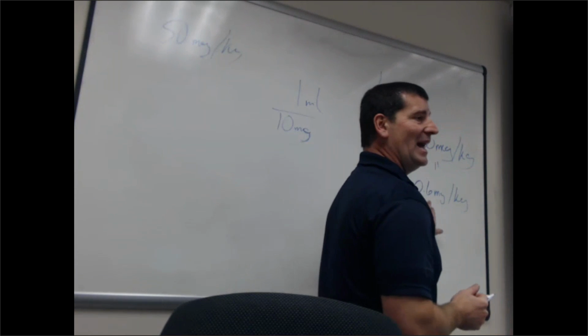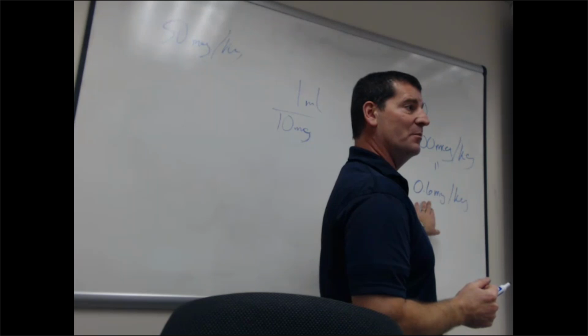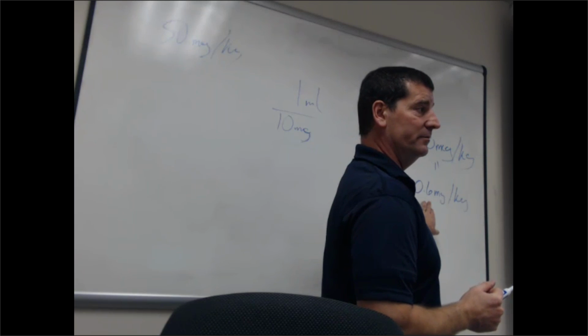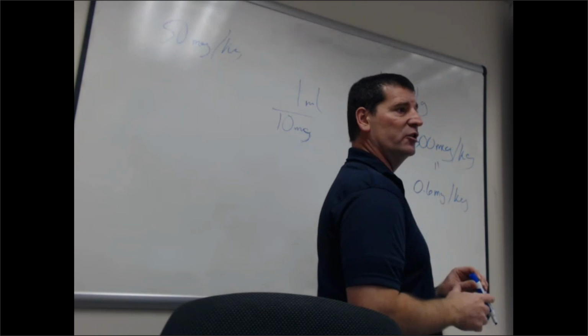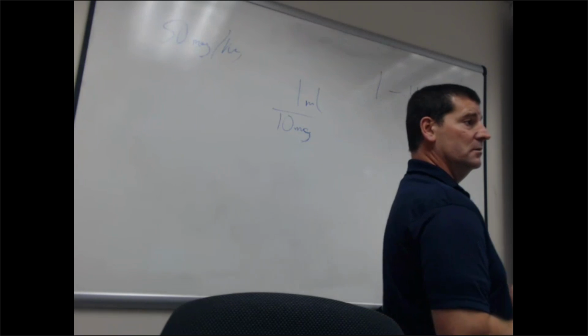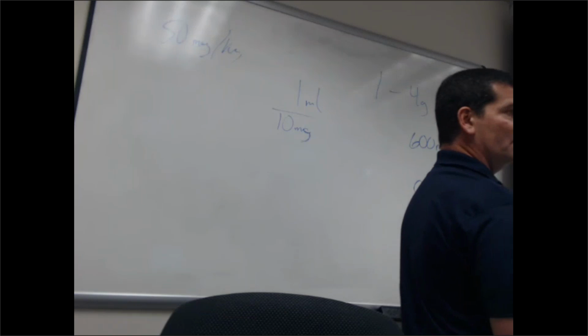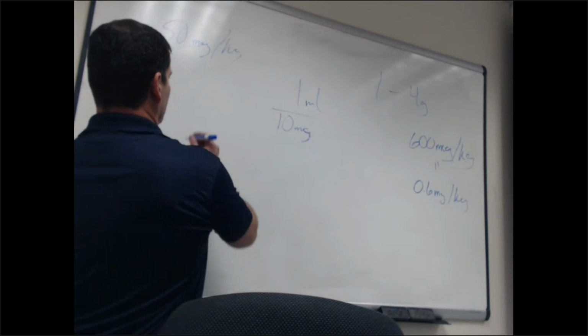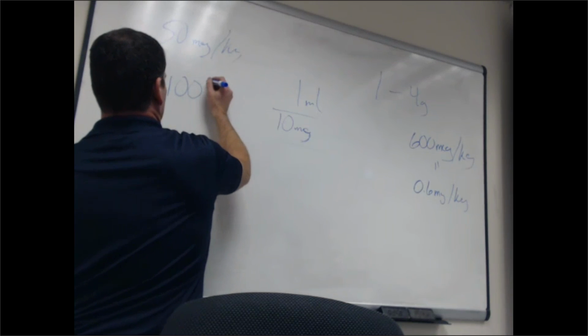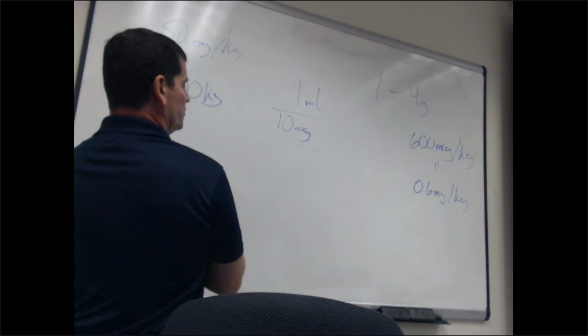A little bit harder math with this one because we're not doing even numbers, but it's not that bad, right? So if I've got a 100 kilogram patient, how many milliliters am I going to draw up? I've got to do a little extra math.